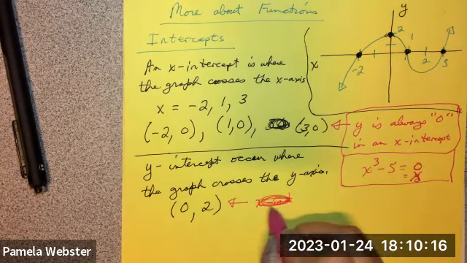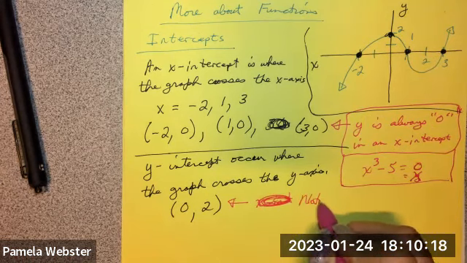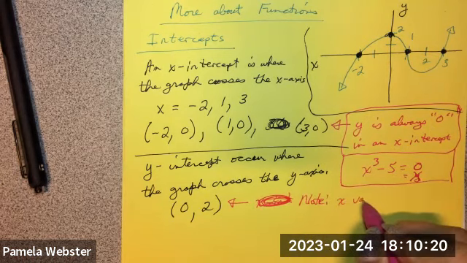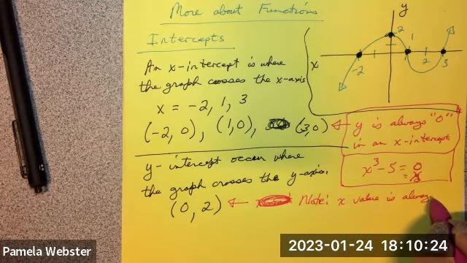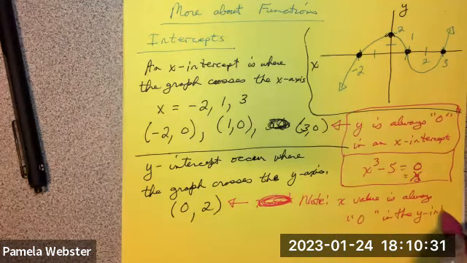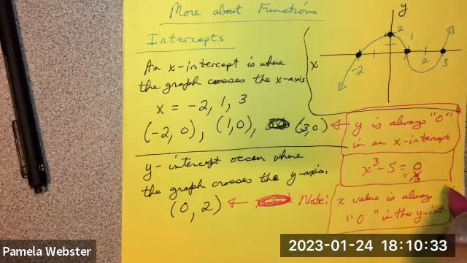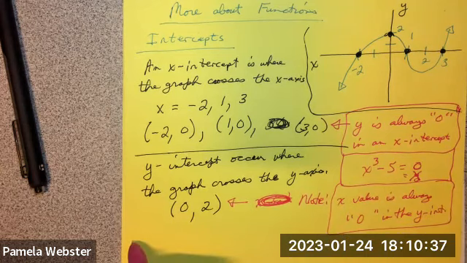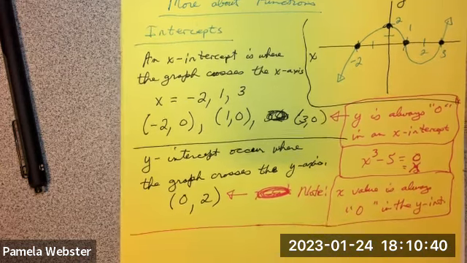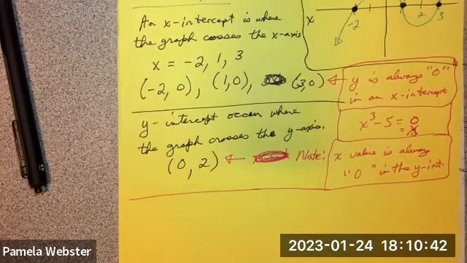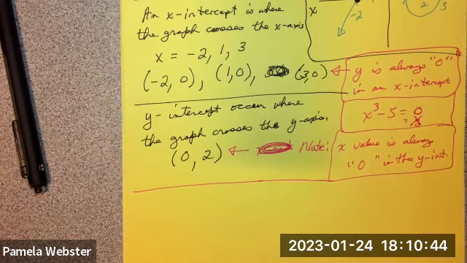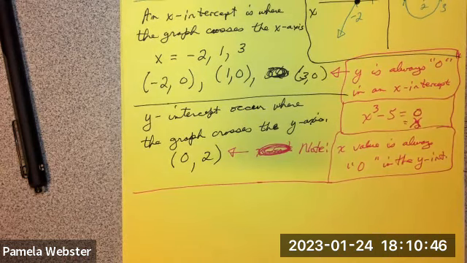Notice that the x value is 0 in the y-intercept. So above we had that the y value is always 0 in an x-intercept, and now we have that the x value is always 0 in a y-intercept. That's just a given that we know in the background to keep up with.